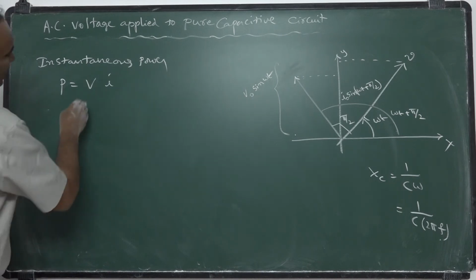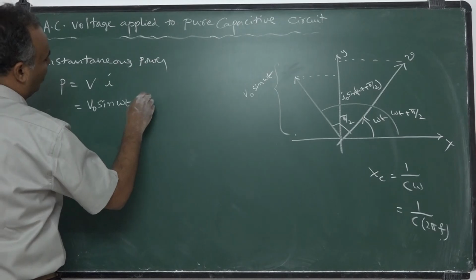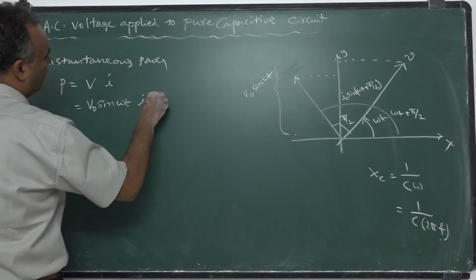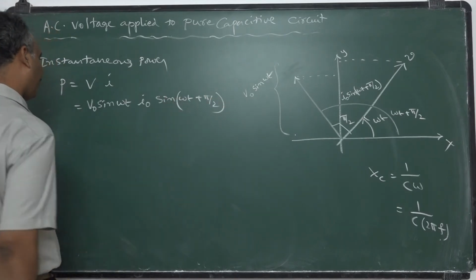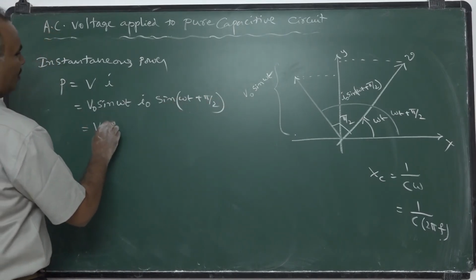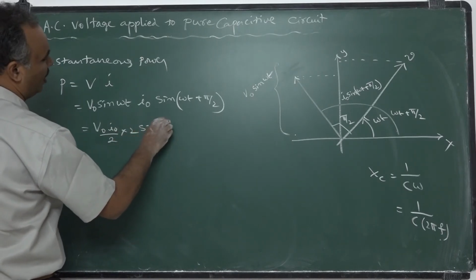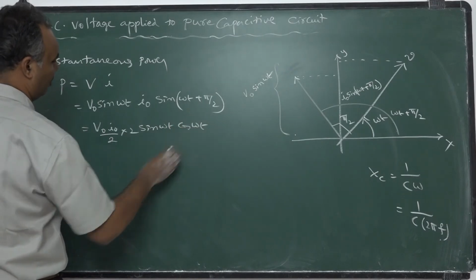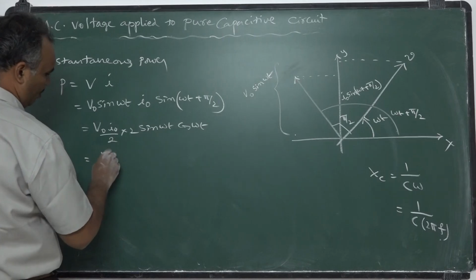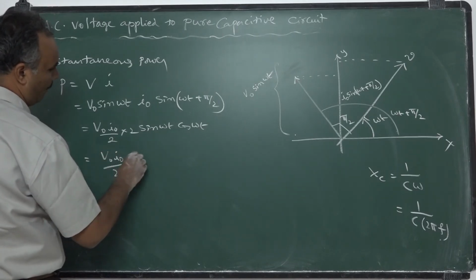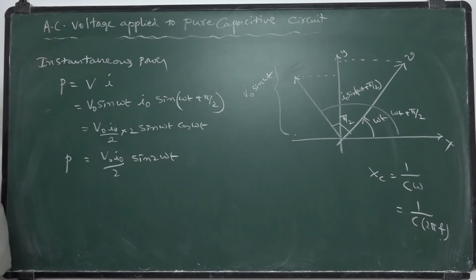Instantaneous voltage is V naught sin omega t. At the same time, current value is I naught sin omega t plus pi by 2. So V naught I naught by 2 into 2, this is sin omega t cos omega t, that is 2 sin A cos A is sin 2A. So V naught I naught by 2 sin 2 omega t, that is the instantaneous power value.